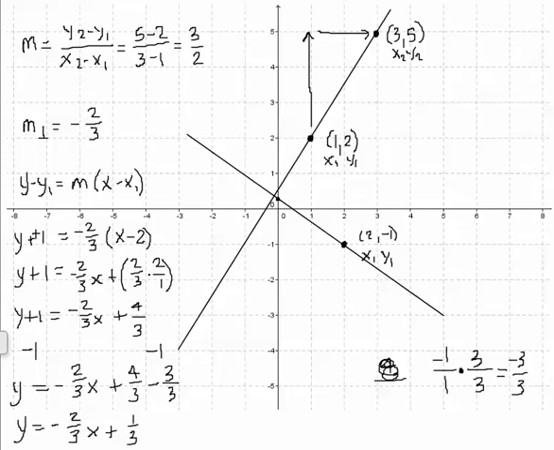And there you can do your quick visual check to say, hey, that actually does look perpendicular. And it does pass through this point 1/3, which confirms that my intercept is correct when I have it written in slope-intercept form.